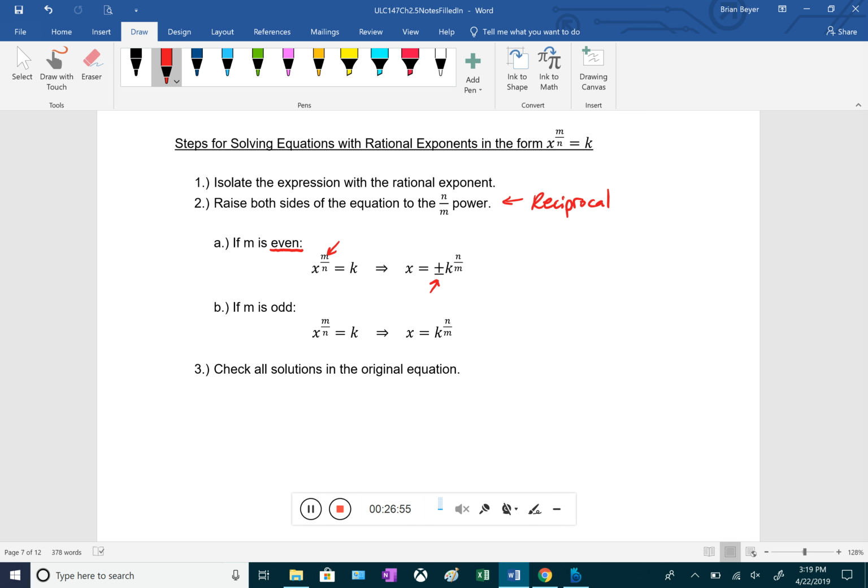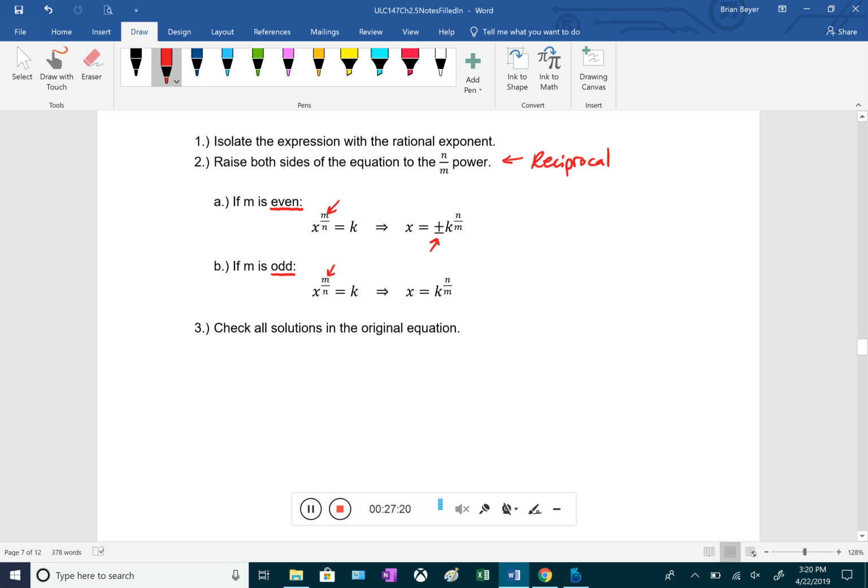That's like x squared equals 4. You take the square root of both sides, you get plus or minus 2. Same concept. If m is odd, so if this original numerator and the exponent is odd, you only get a plus. You don't get a plus or minus. And then you can check all solutions in the original again.